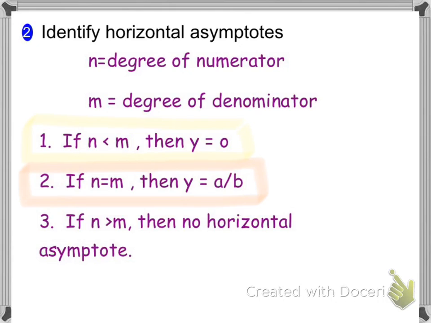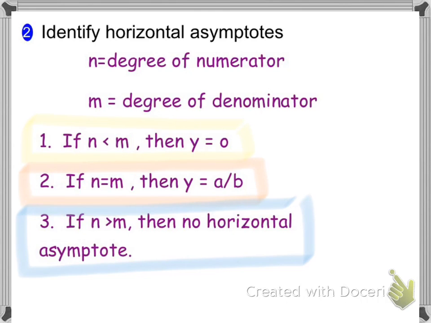A would be the leading coefficient of the numerator and b would be the leading coefficient of the denominator. If the numerator has a higher degree than the denominator, so if n is greater than m, then no horizontal asymptote exists. So these would be the three different conditions to find a horizontal asymptote.